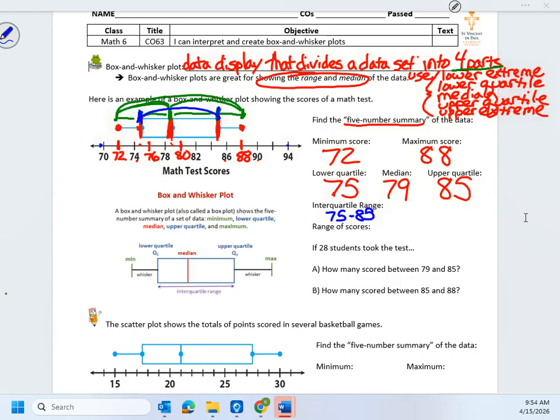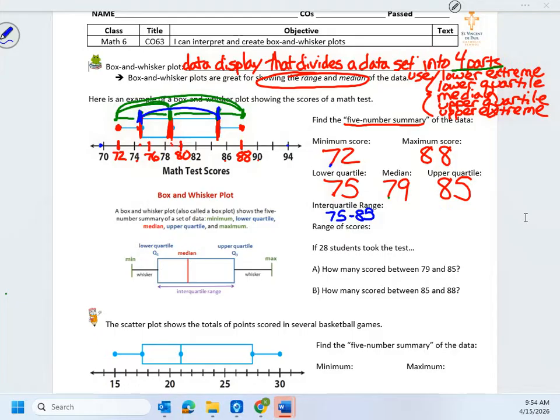How are we feeling about that? Okay. So our range of scores, this is now all the scores. What would our range of scores be? Rhoda? 70 to 94. So look carefully. Where is our minimum score that somebody scored on our test?